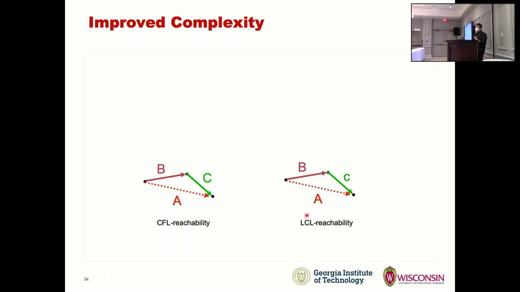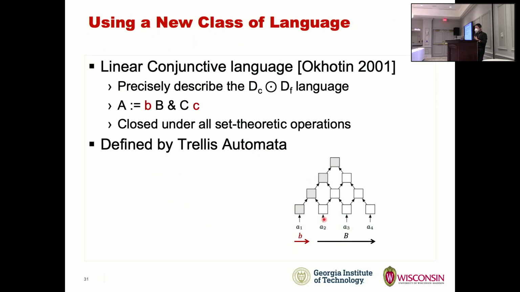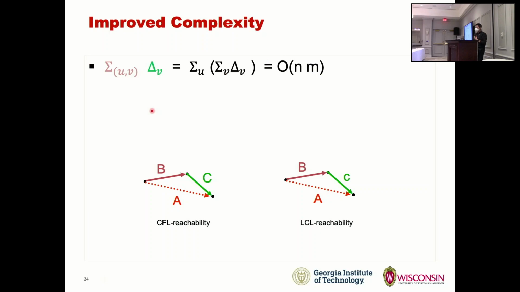But in the LCL case, recall that this language has a very nice linear form. So for each component, we can always find a terminal. A terminal labeled edge corresponds to original graph edges, meaning that they will not change as you compute more reachability information.